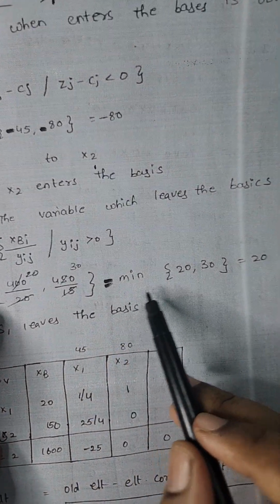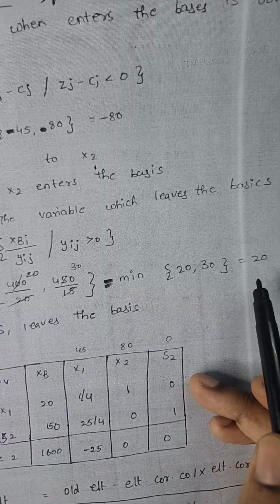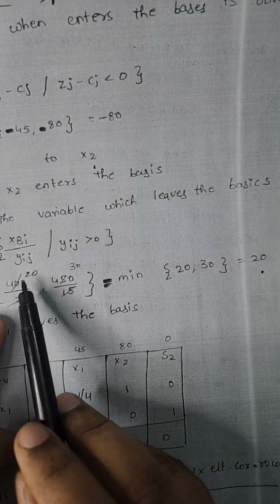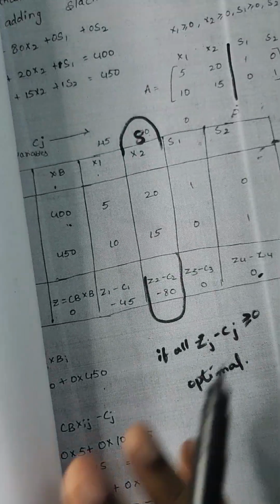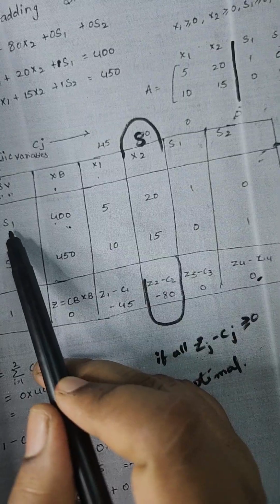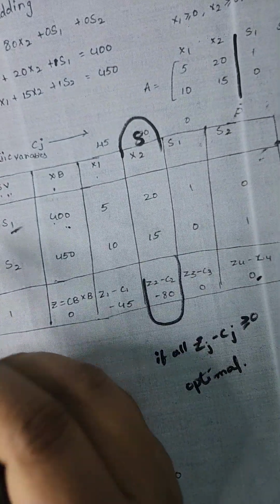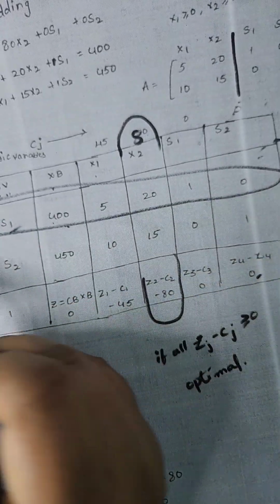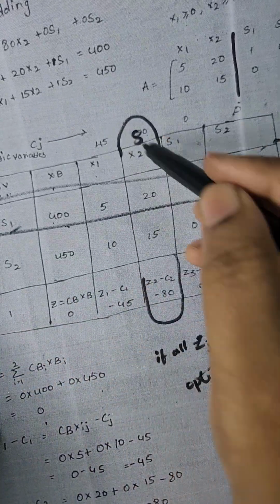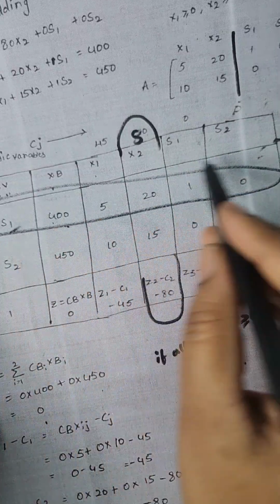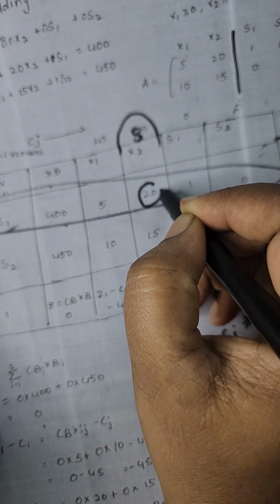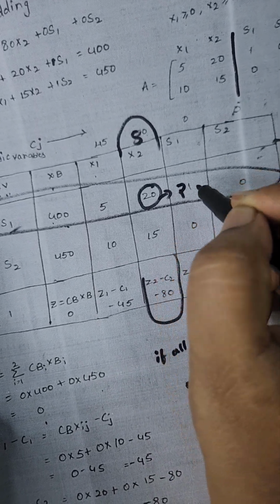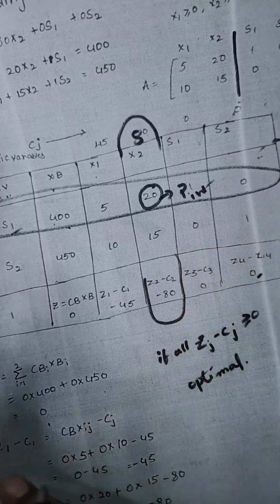This is equal to minimum of 20 and 30. The minimum value is 20. So this minimum value corresponds to this 400 by 20, which corresponds to S1. So we say that S1 leaves the basis. Here this vertical box and horizontal box have crossed, so this is called the pivot element.